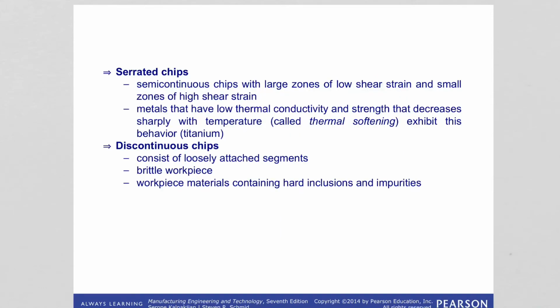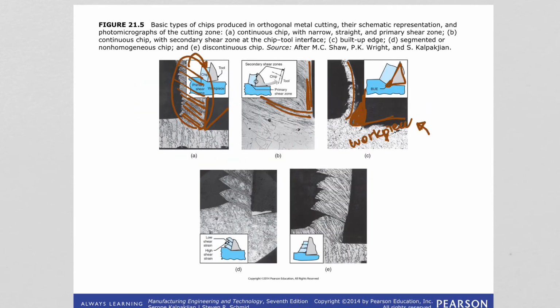The third one is serrated chips, or it can be also serrated or segmented chips. These are semi-continuous chips with large zones of low shear strain and small zones of high shear strain. So let's take a look at it. In image D, we are seeing it.